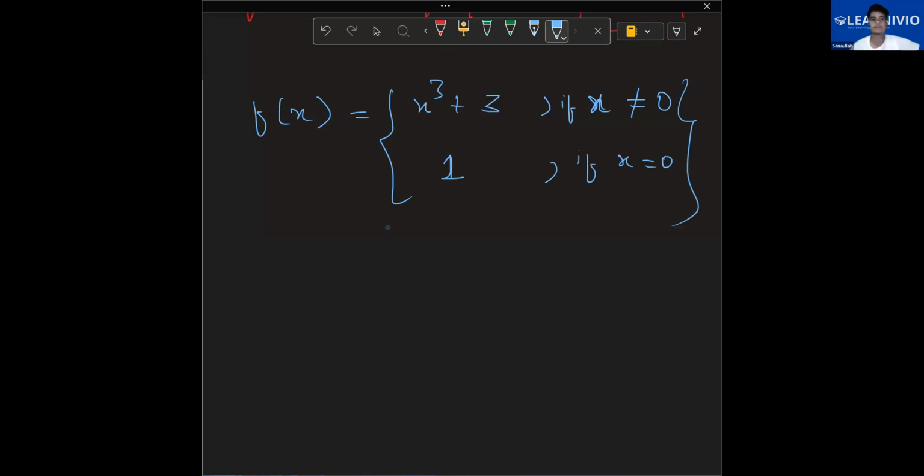x is not equals to 0. What it mean? इसका मतलब क्या हुआ? x 0 के बराबर नहीं है. इसका मतलब हुआ x या तो 0 से छोटा है या तो x 0 से बड़ा है.